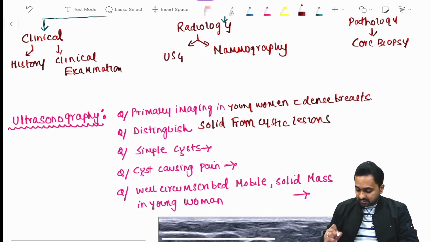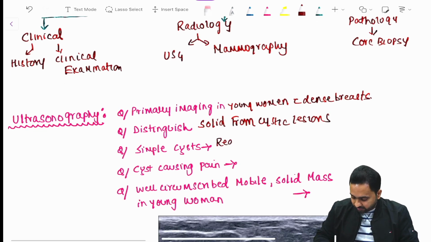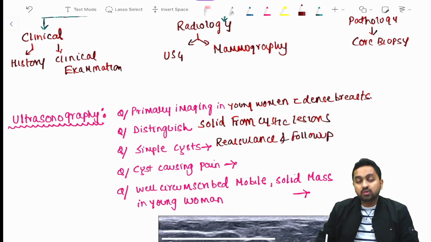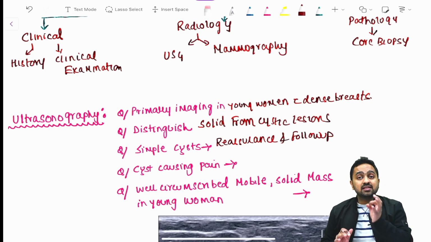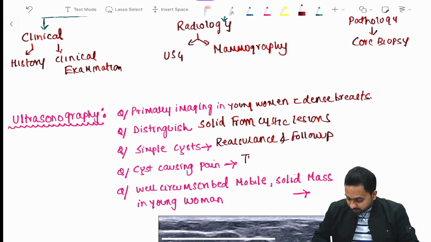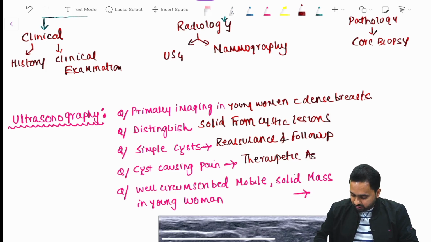The simple cyst requires just a reassurance and a follow-up. You don't need to do anything for some simple cyst, whereas cyst causing pain, you would be requiring a therapeutic aspiration.